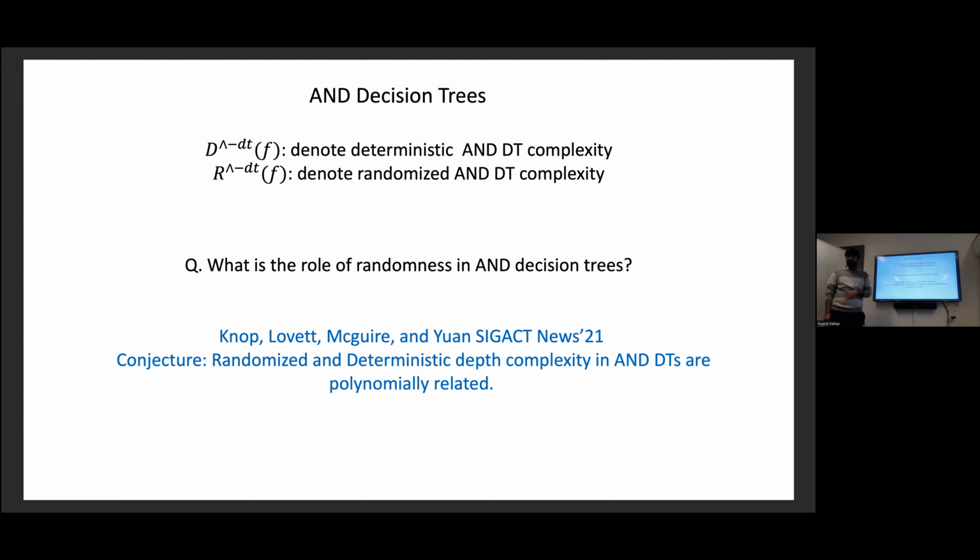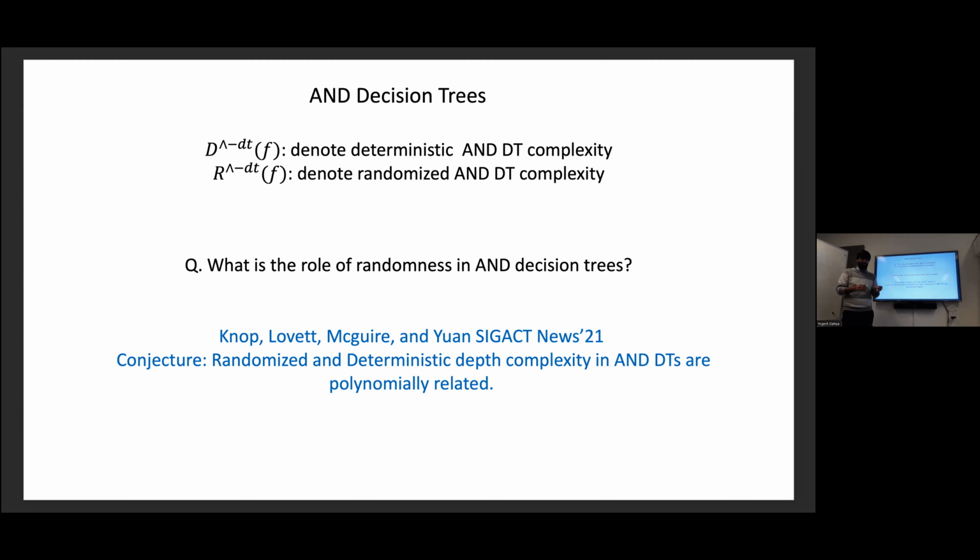The way they came to this question was by looking at the log rank conjecture for AND functions. An AND function is where you have an outer function and you compose that with 2-bit AND. For that class of functions, you want to show that the log rank conjecture is true, and they showed that this is the case up to log n factors.